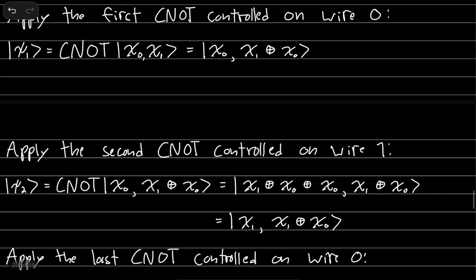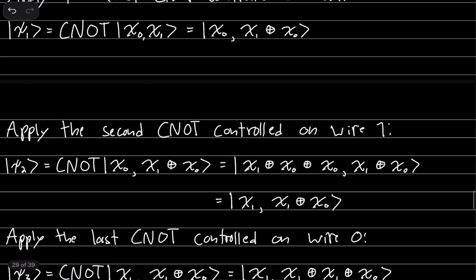Now we're going to apply the second CNOT controlled on wire 1. That means that whatever's in wire 1 is just going to be passed along, and then we're going to XOR wire 0 with what's in wire 1, which is exactly what we're doing here.